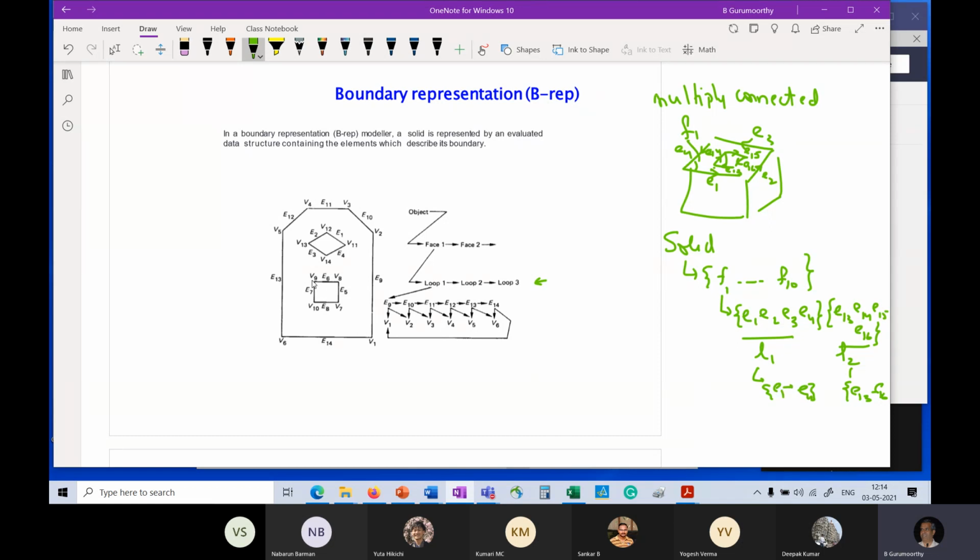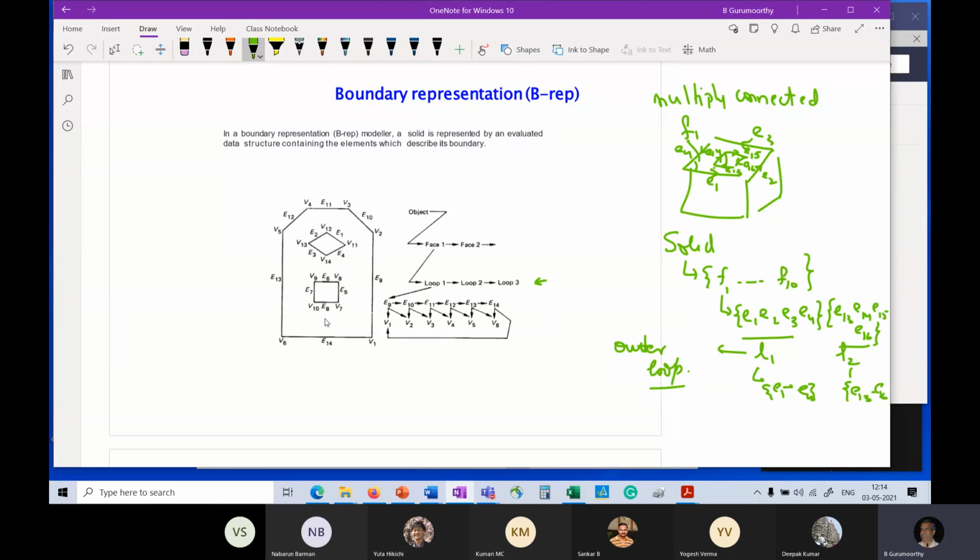Like this example here, face 1, which is the face that is shown to you here, has three loops, the outer one and the two inner ones. And by convention, loop 1 will always be the outermost loop. Okay. And therefore, in this case, it starts from wherever it has to start. Oh, these people have followed a different convention.